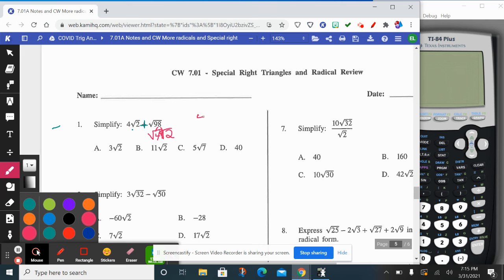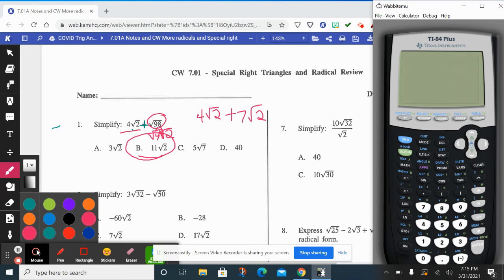So you'll have 4 square roots of 2 is beginning here, plus square root of 98 becomes 7 square roots of 2, which is going to give you a final answer of choice B. Now, if the radicals are kind of getting you a little confused, you can always go back to your calculator and use this to help yourself through some of these.